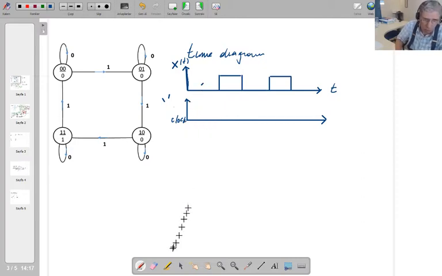So let me write these inputs 0, 1, 0, 1. I'm going to put here, oh sorry, this clock pulse here, another clock pulse for input 1, another clock pulse for input 0, and another clock pulse for input 1.